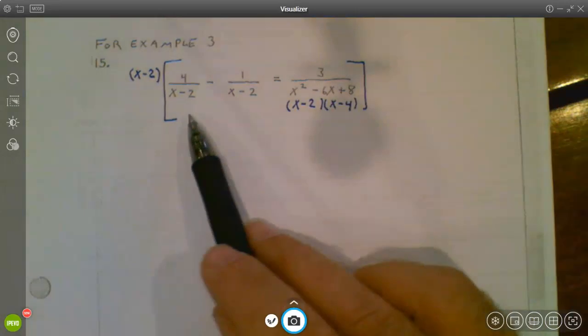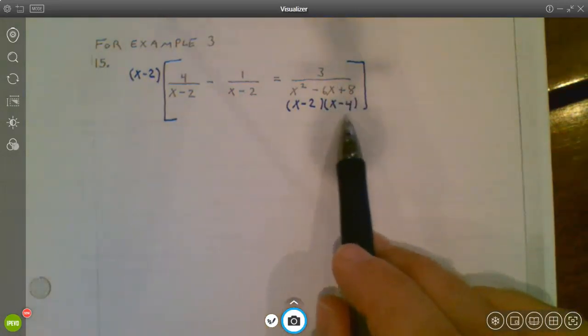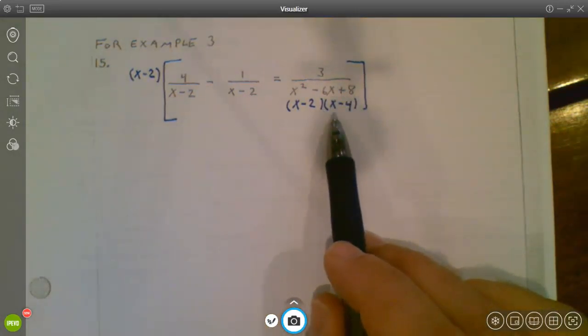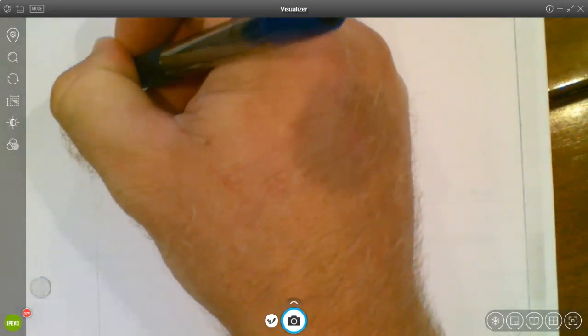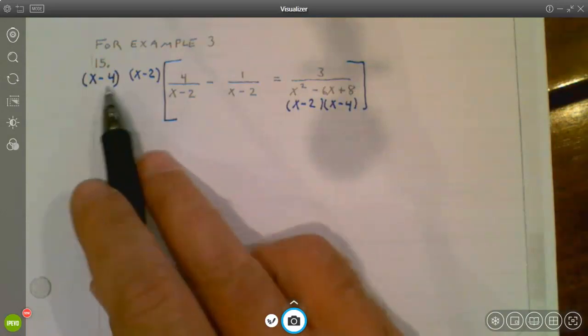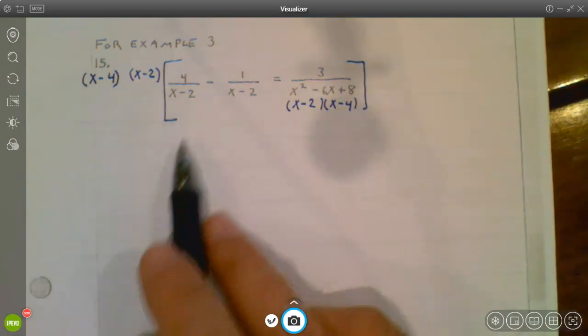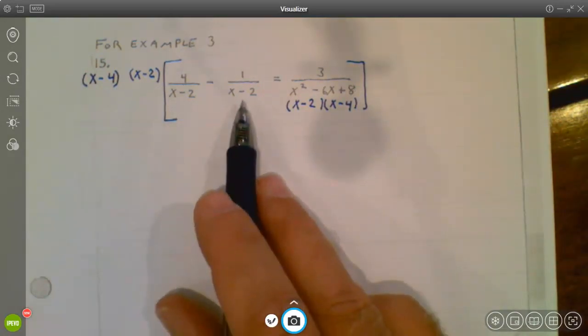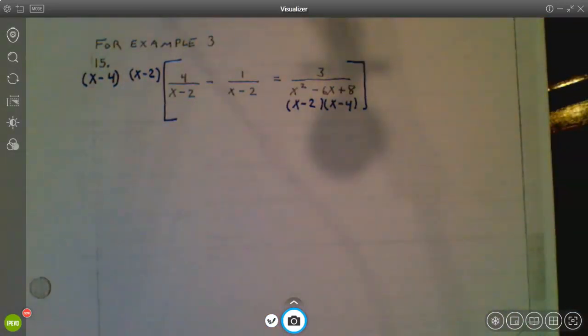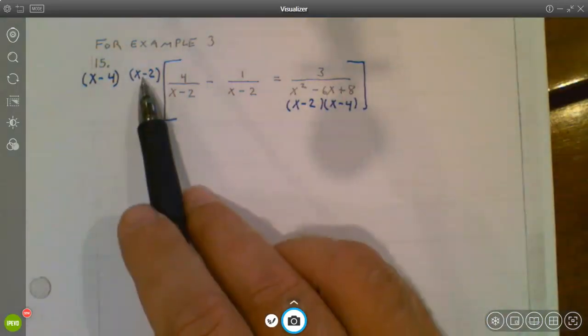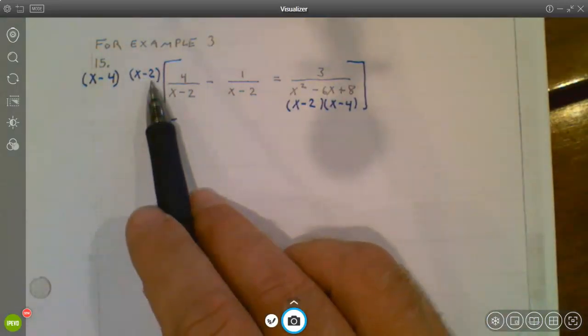What else do I need to be able to get rid of? I also need to get rid of an x minus 4. So we need him as well. Now as I look at those two factors, I can see that it's going to cancel him, it's going to cancel him, and it's going to obviously cancel both of those, so I know I'm good. Now as I distribute, I cancel as I go. So those two guys are gone.